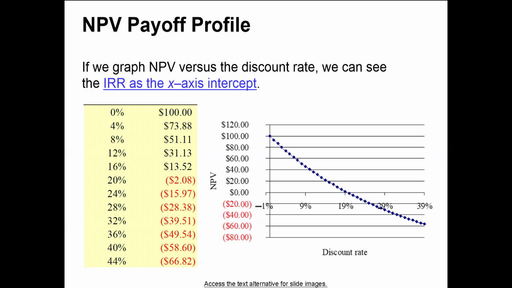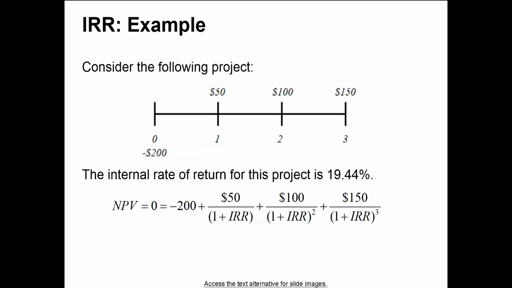If you want to get the IRR without the financial calculator, you just need to do some repeated trial and error, like this. Just put in a number starting from zero and increase the number. Let's see.